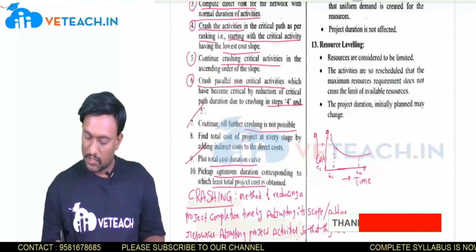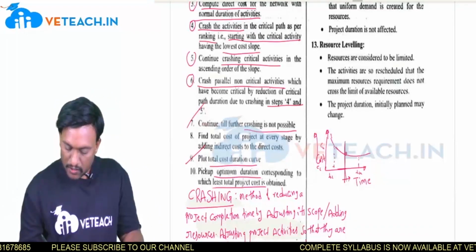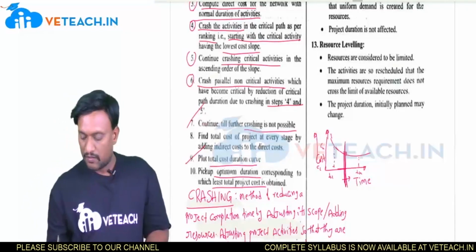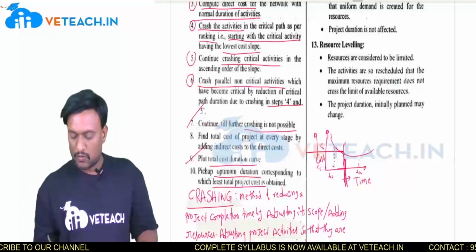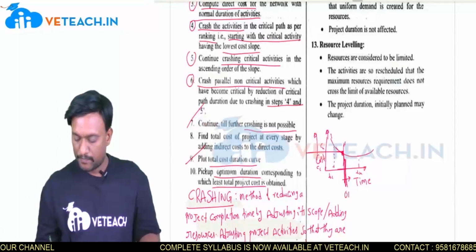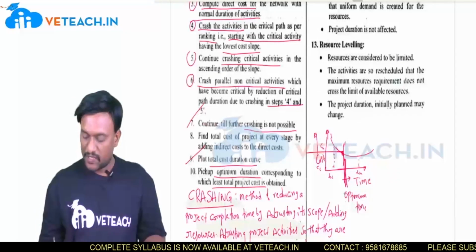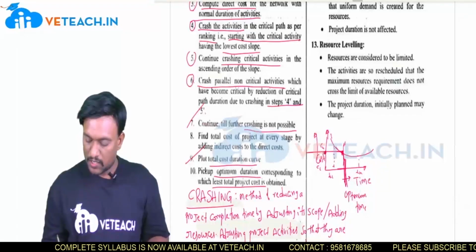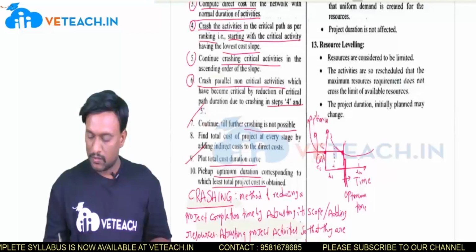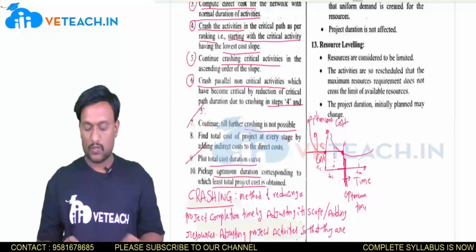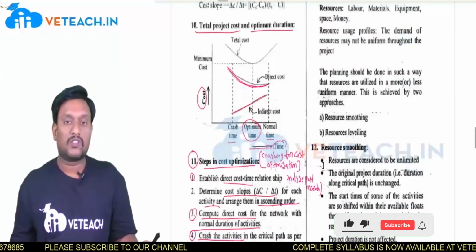With respect to this is the normal cost. So somewhere here you will get the optimum cost, that is optimum time. With respect to this optimum time, the cost you got is the optimum cost. So that is the way of getting the data for crashing for cost optimization.